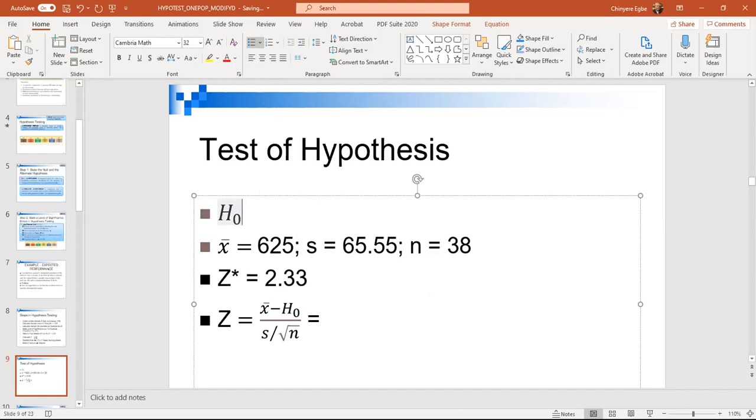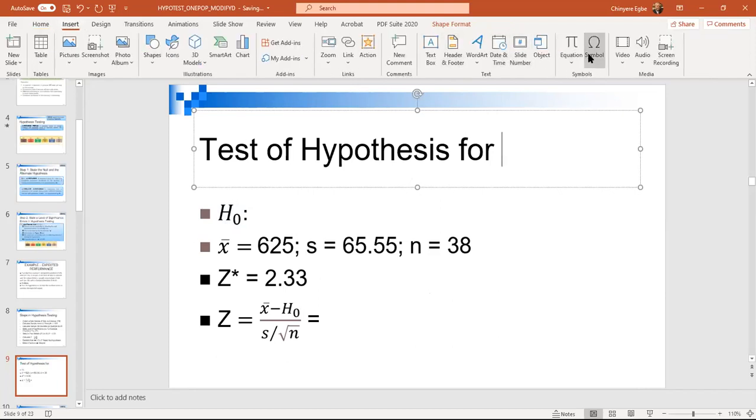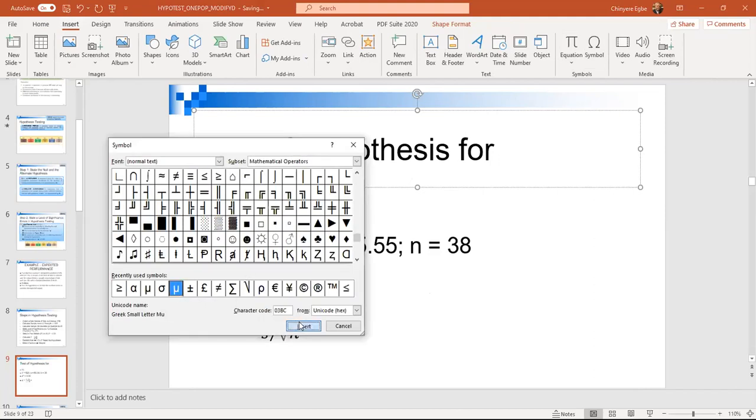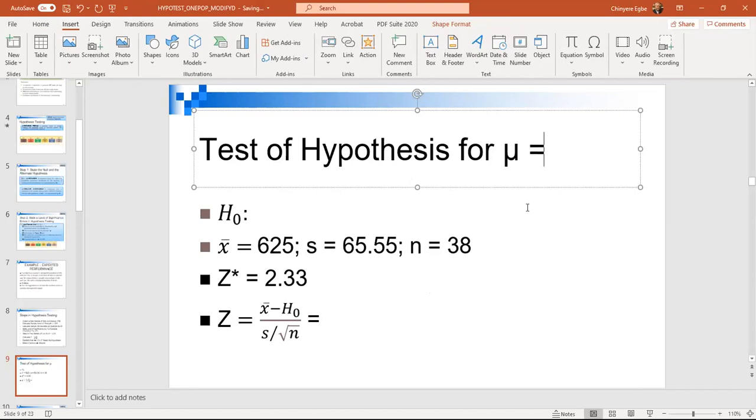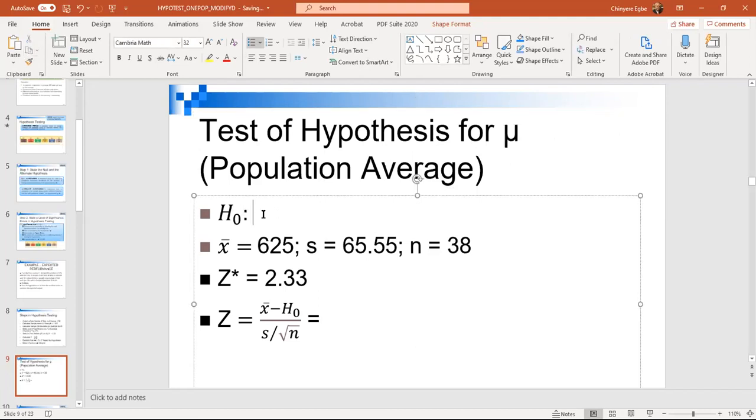The null hypothesis is that mu, the population average, is equal to 595.